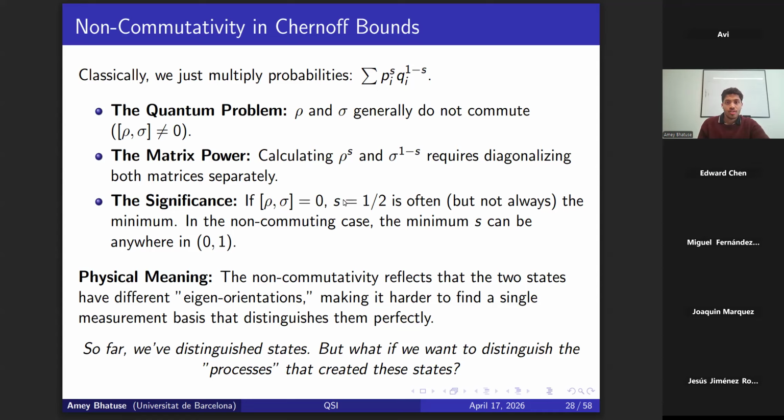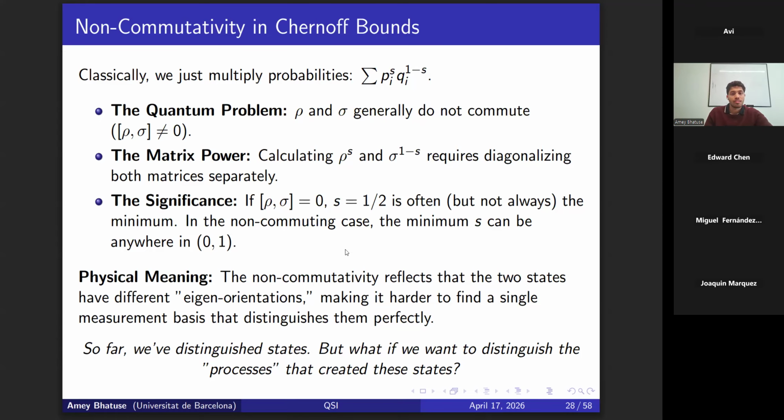Okay. So the physical meaning behind this whole construction is that non-commutativity reflects that the two states don't have similar eigenbasis, eigenorientation, which makes it harder to find a single measurement basis that distinguishes them perfectly, which we saw earlier with the quantum Neyman-Pearson lemma, which said that whenever you're trying to distinguish between two states, you're trying to find a perfect slice where in one slice you have one state and in the other slice you have the other state.